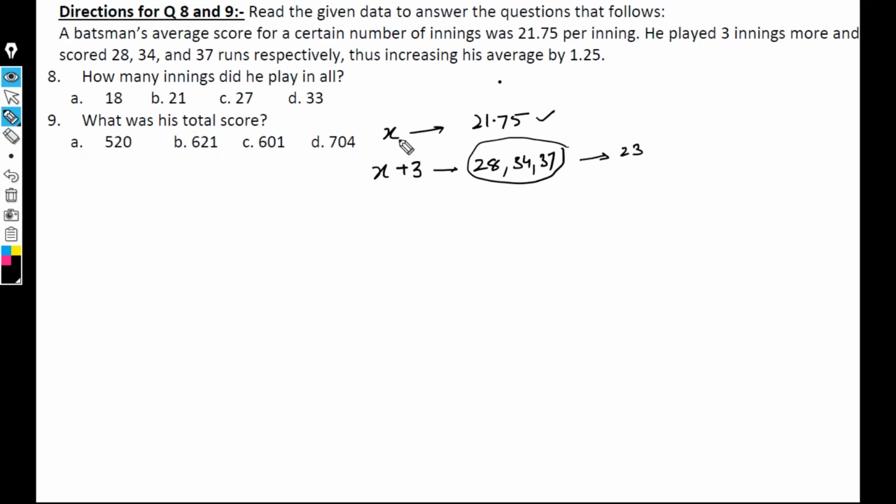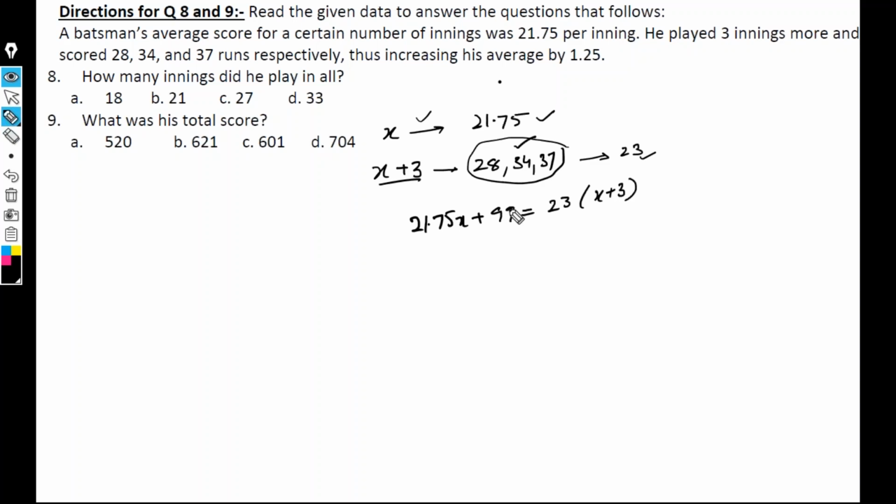Now in this case, the earlier score was x into 21.75. If we add the scores of these 3 innings also, which adds up to 99, this will be equivalent to the new average 23 multiplied with the total number of innings now, x plus 3.